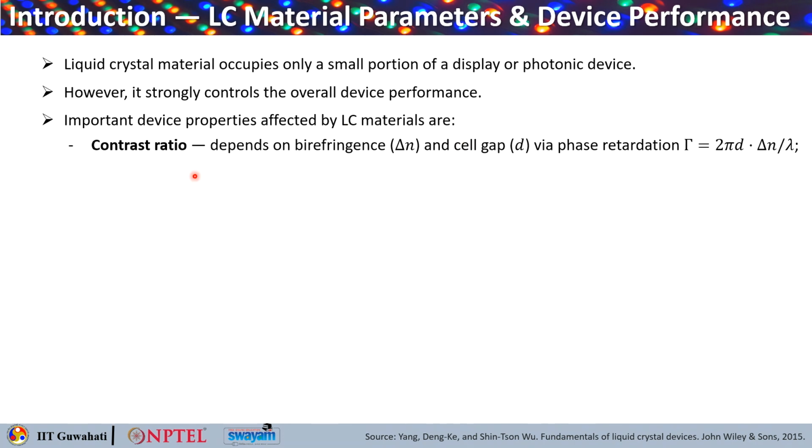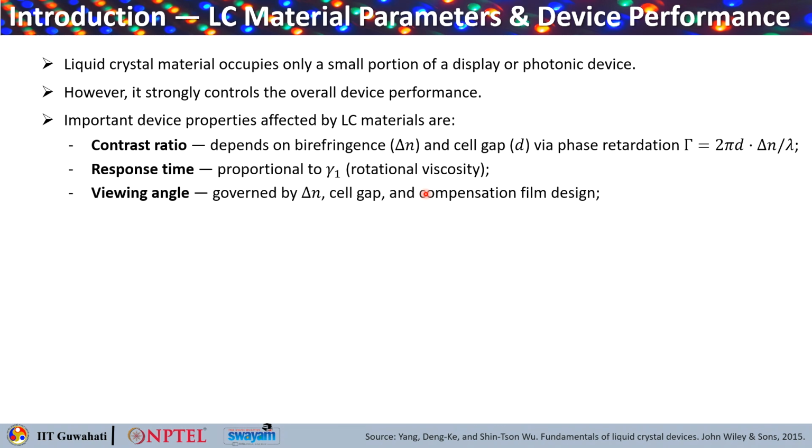materials are the contrast ratio. It depends on the birefringence, that is delta n, the difference between the refractive index in the extraordinary and the ordinary axis, the cell gap d via phase transition capital gamma, which is 2 pi d delta n over lambda. Then the next important parameter is the response time, which is proportional to gamma 1, that is the rotational viscosity.